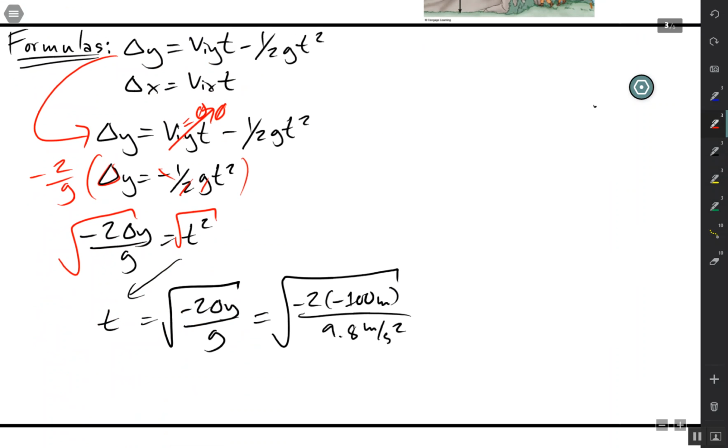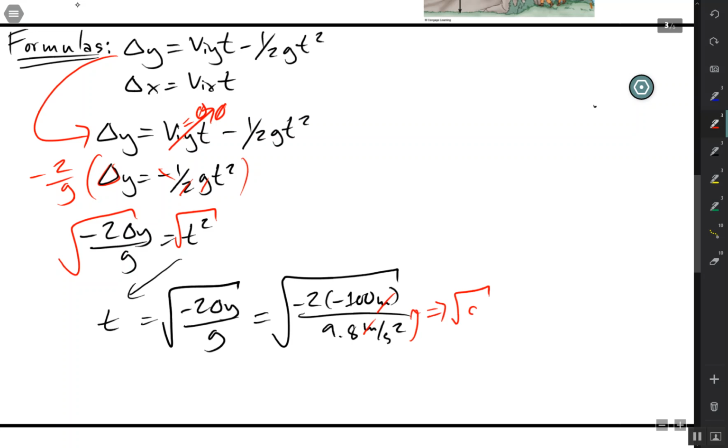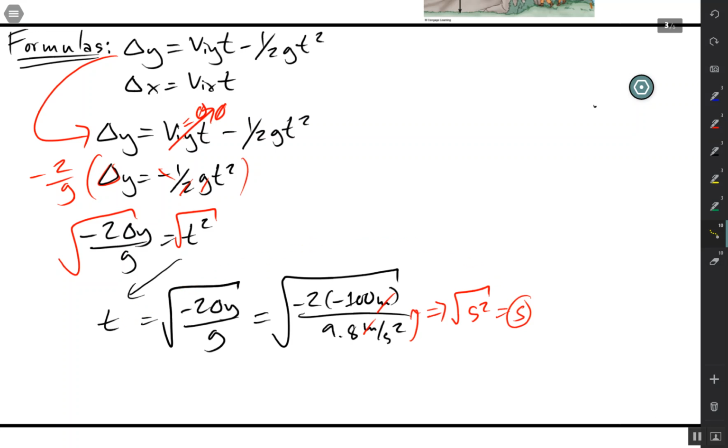And take a look at the units. We have meters on top here, and this second squared is actually going to go on top. So the units essentially are going to turn out to be the square root of seconds squared, or seconds, which is exactly what our intermediary quantity is that we're solving for.